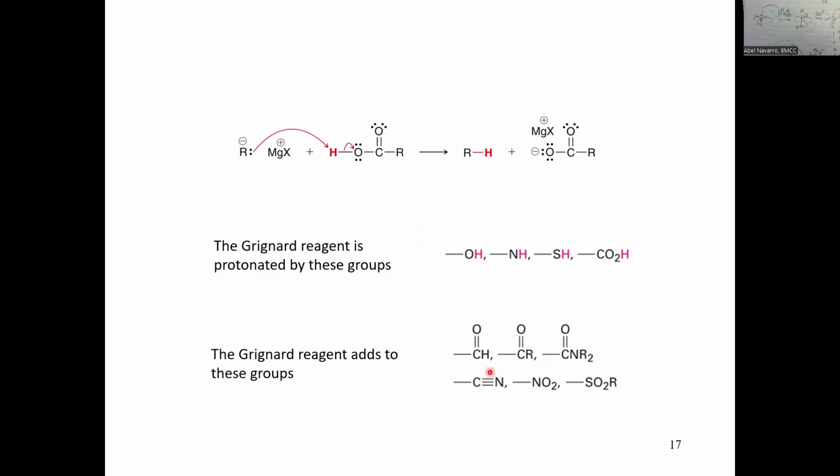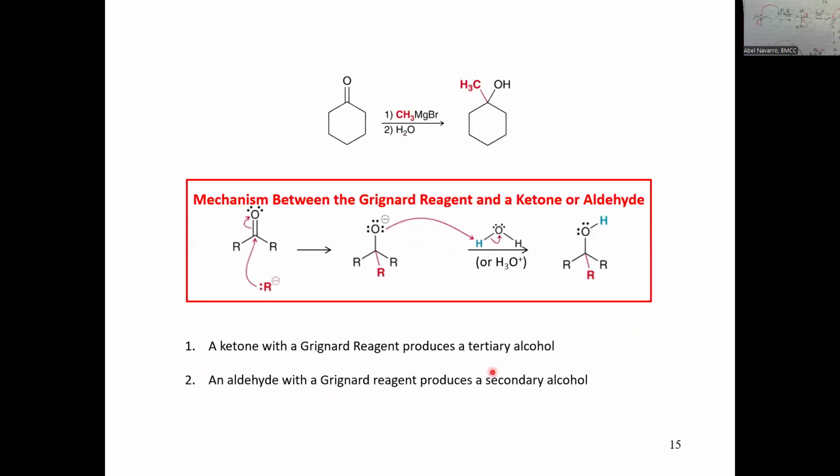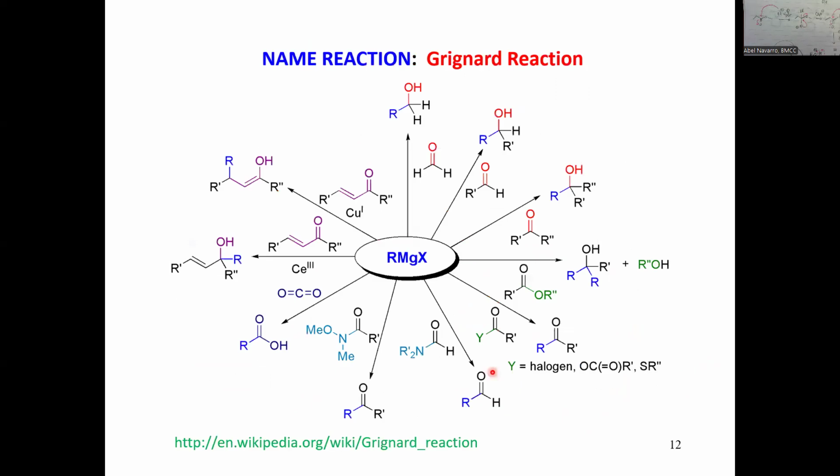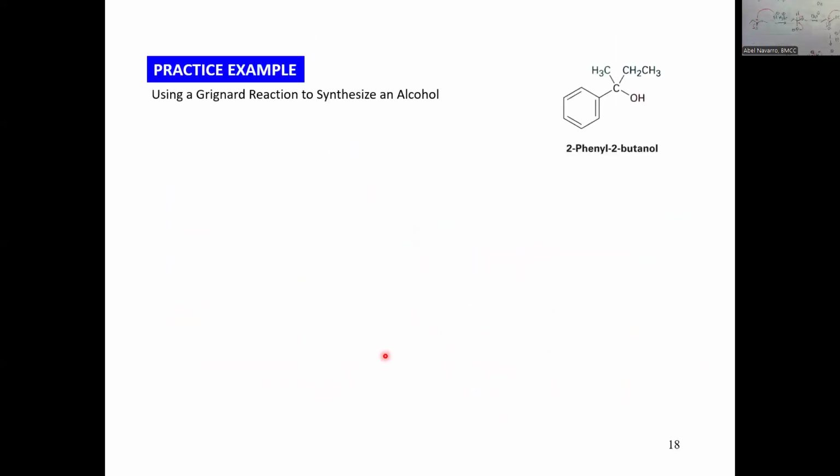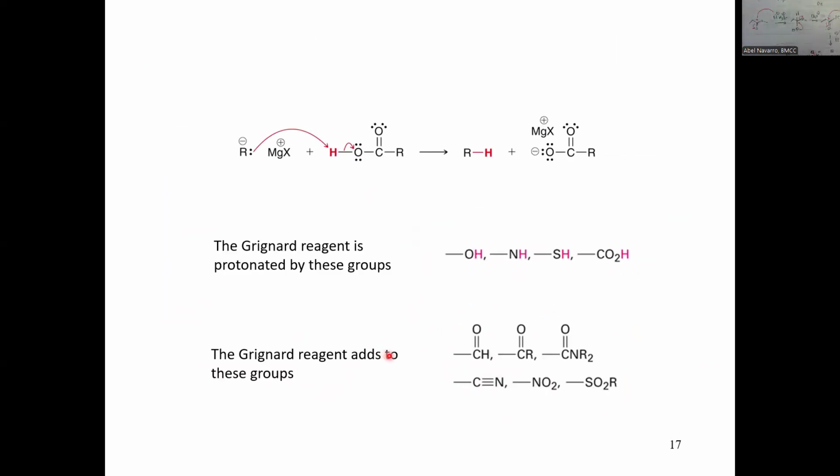Because these also react with the Grignard. Remember that the Grignard reacts with many compounds. So make sure that your Grignard is reacting only with your target ketone, aldehyde, or ester, and that none of these other groups are present.